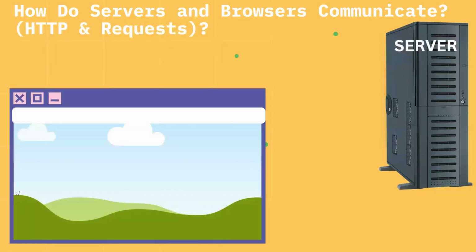How do the servers and the browsers communicate with each other? It happens through HTTP, Hypertext Transfer Protocol. If you type a web address like HelloCodeWorld.com, your browser sends a request to the website server.